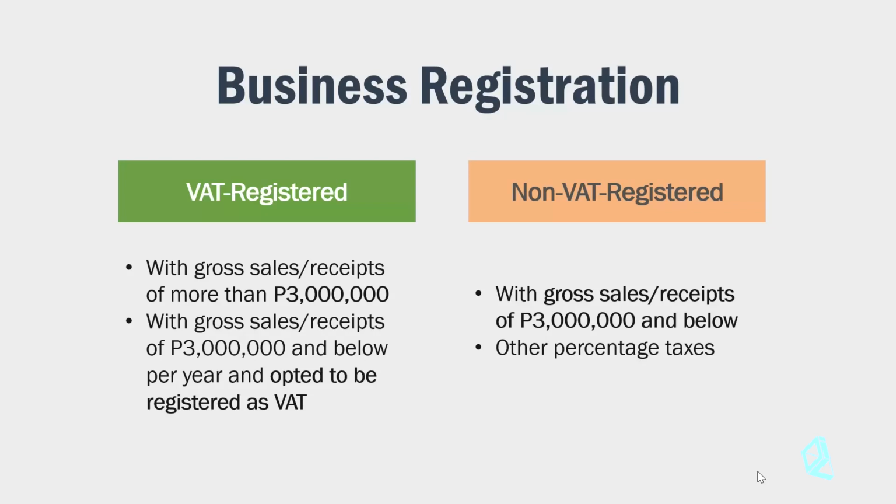All right? But for our discussions, we'll just simply make use of the VAT threshold of 3 million pesos to identify a VAT registered business.